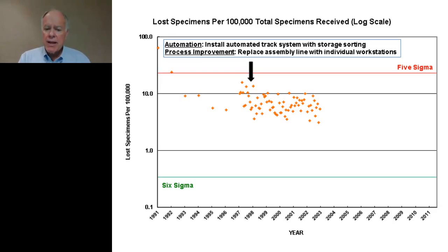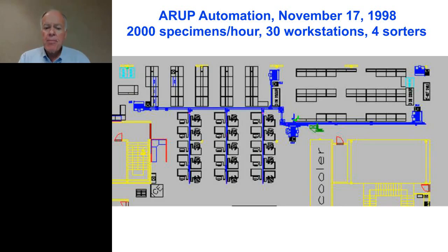So instead of having those steps split up in an assembly line, they were all handled by one employee, and it was actually more efficient, but it also reduced errors, and in this case it also contributed to reducing lost specimens.